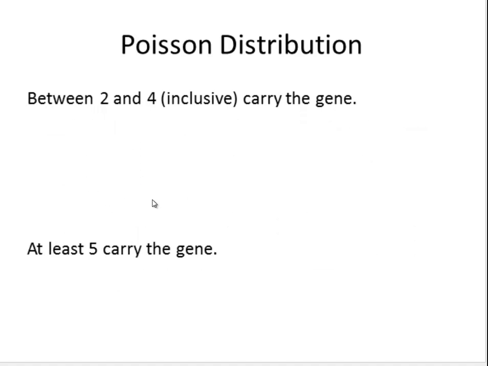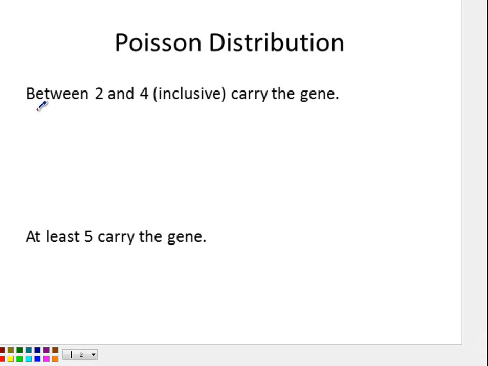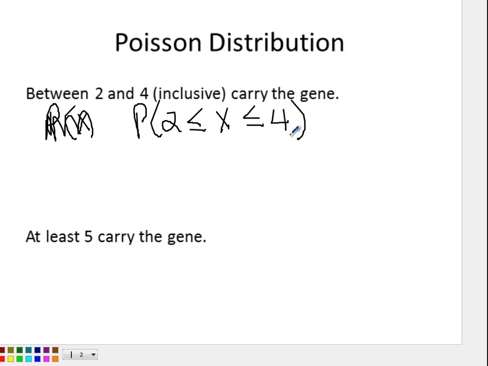So the first part says, what's the probability that between 2 and 4 inclusive carry the gene? That's going to be calculated as, this is how you write it. Let's try that again. X is going to be between 2 and 4.